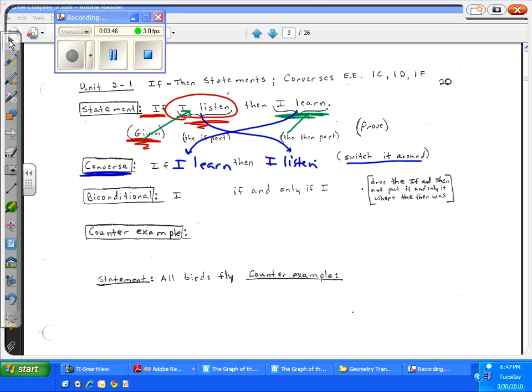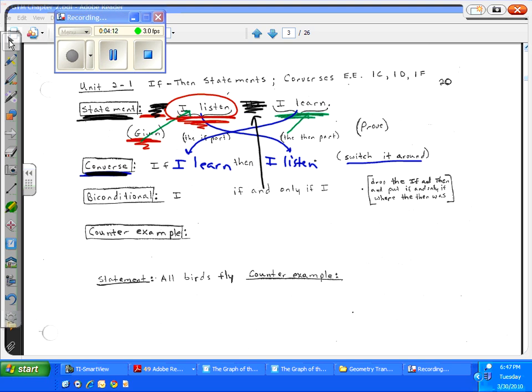Now, we can write a biconditional, but biconditionals are only supposed to be written if the statement and its converse are both true. If the statement is true and its converse is true, then we could write a biconditional. And to write the biconditional, we basically drop the if and drop the then and put if and only if where the then was.